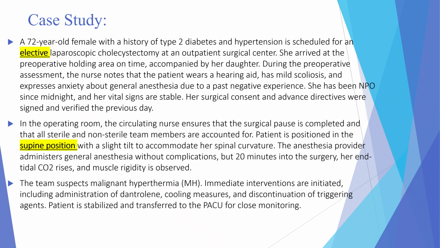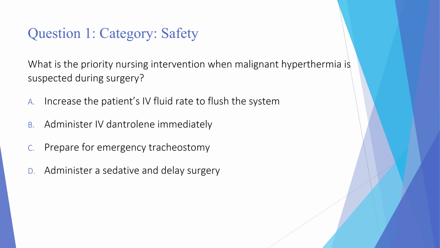So we move to the questions now. It's the second time when I record, those questions make me laugh. Question 1, category, it's safety. What is the priority nursing intervention when malignant hyperthermia is suspected during surgery? So it's a keyword, so we need to know.